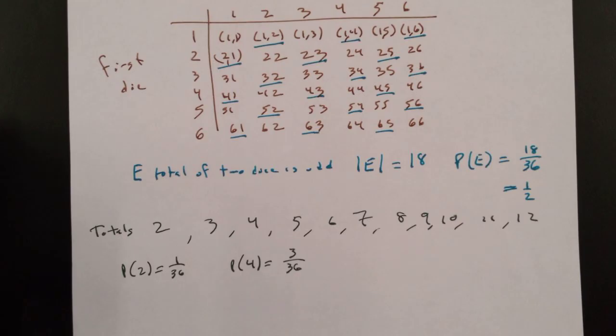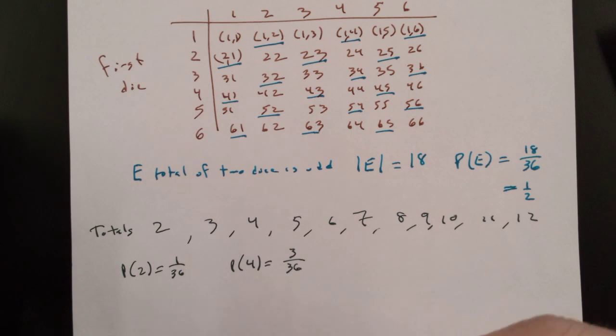We counted card hands, didn't we? On Monday? How many ways are there to get a royal flush? 4. Out of 2,598,960 possible 5-card hands, I know the chance. It's really small, but I know the chance.